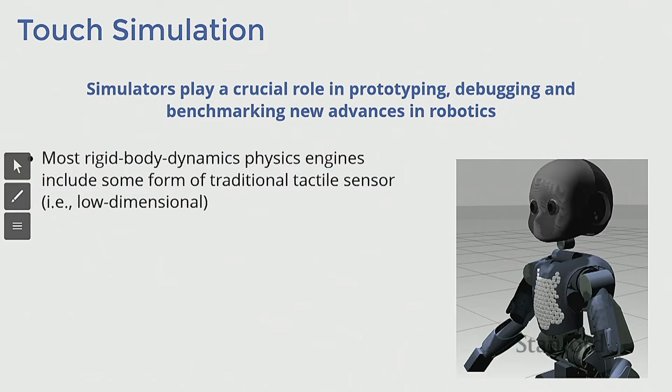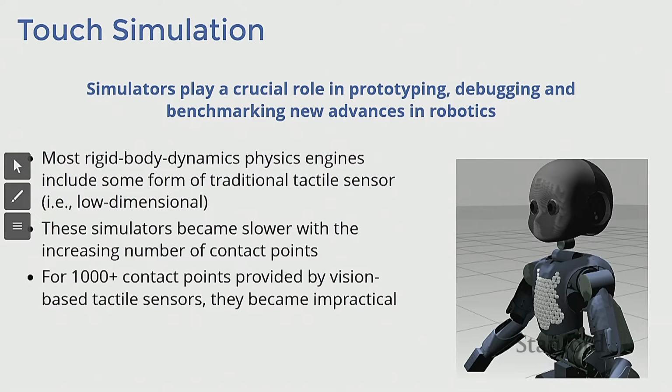However, what we see in traditional simulators is that it's very hard to simulate something like a vision-based tactile sensor, because typically the more contact points you are trying to simulate, the slower your simulator will get. And already with a few hundred contact points, a traditional simulator like Gazebo will essentially go much slower than real time, making the simulator sort of defy the purpose of being a simulation in the first place.